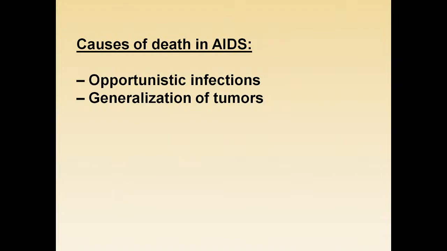The causes of death in HIV infection in the terminal stage are especially opportunistic infections, generalization of tumors, and different secondary infections.